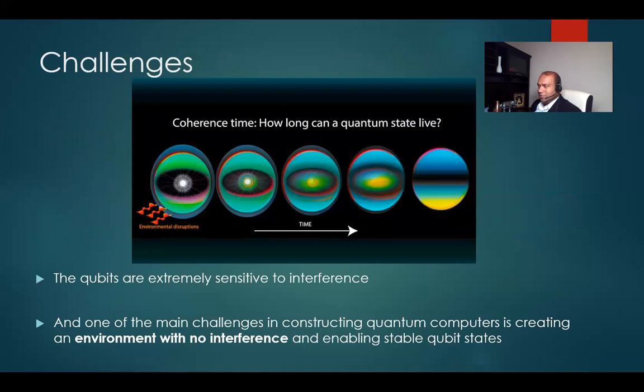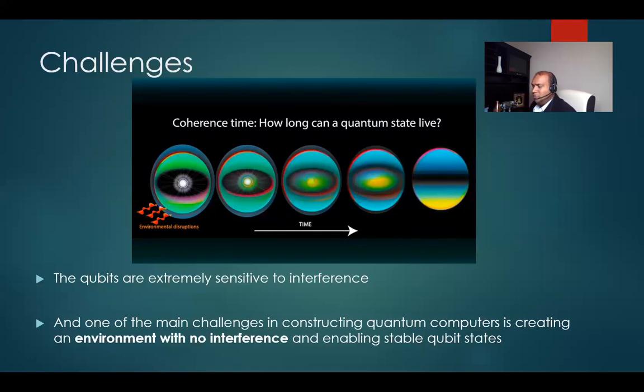So this is one other challenge, right? Coherence of the bits. They have something called interference, and if the interference is too much, it will lose the quantum state.